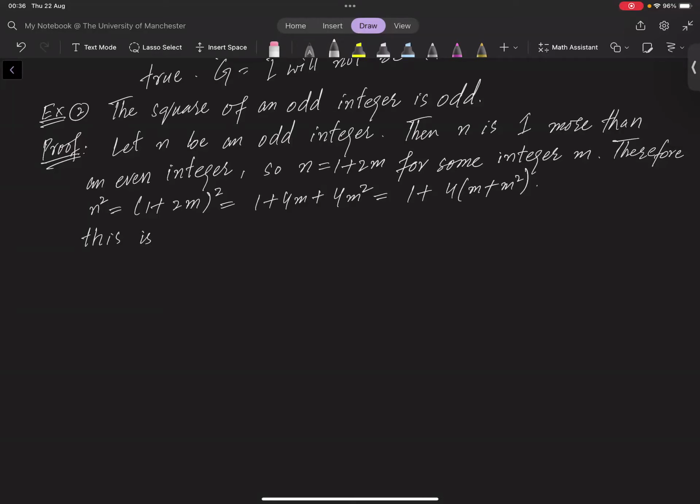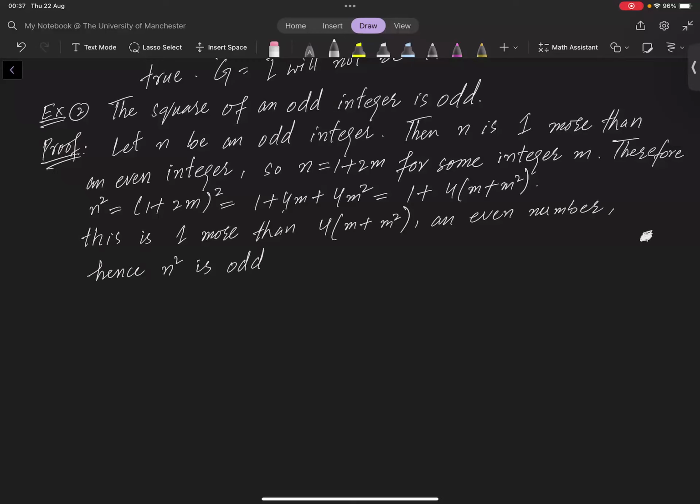This is 1 more than 4 into m plus m square, an even number. Hence, n square is odd. That's the proof.